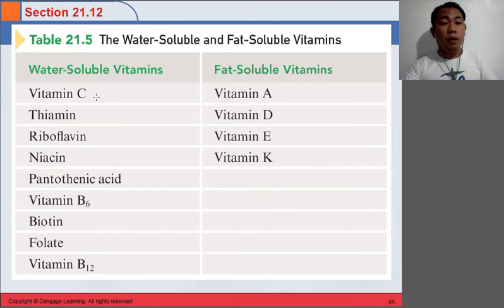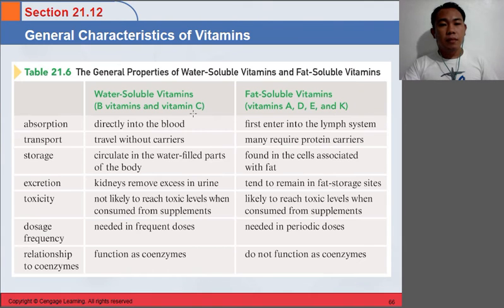The water soluble vitamins are vitamin C, thiamine, riboflavin, niacin, pantothenic acid, vitamin B6, biotin, folate, and vitamin B12. Fat soluble vitamins are vitamins A, D, K, and E. So these are the different vitamins that are classified into water soluble and fat soluble vitamins.